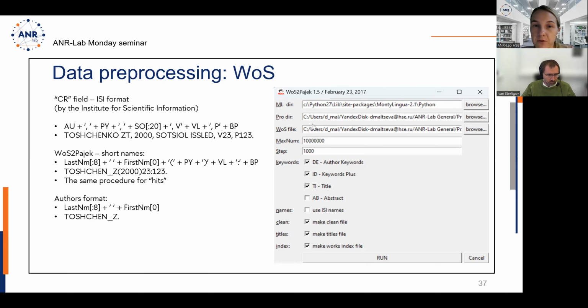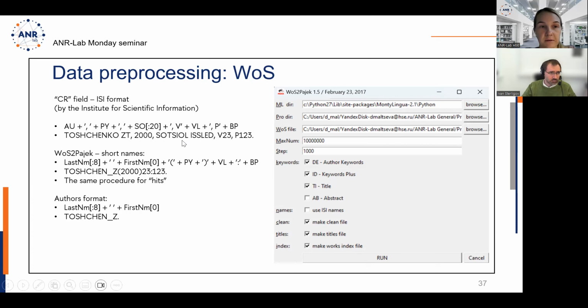So at first we show which WOS file we use, and then the program reads this file, and we say that we need to get keywords from some fields, and also we say which kinds of files we would like to get.